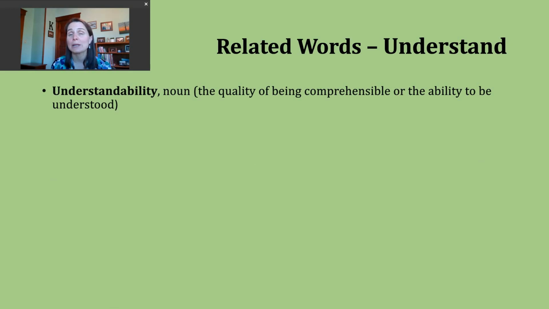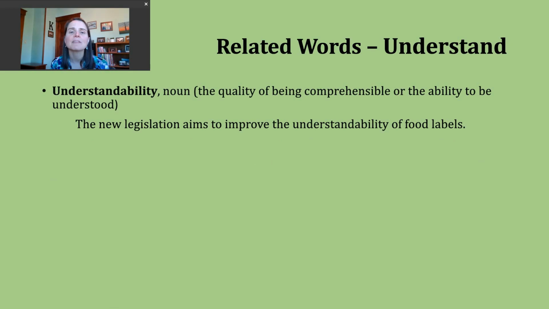The first word we're going to discuss is the noun understandability. This is the quality of being comprehensible or having the ability to be understood. An example of this in a sentence: new legislation aims to improve the understandability of food labels, right?